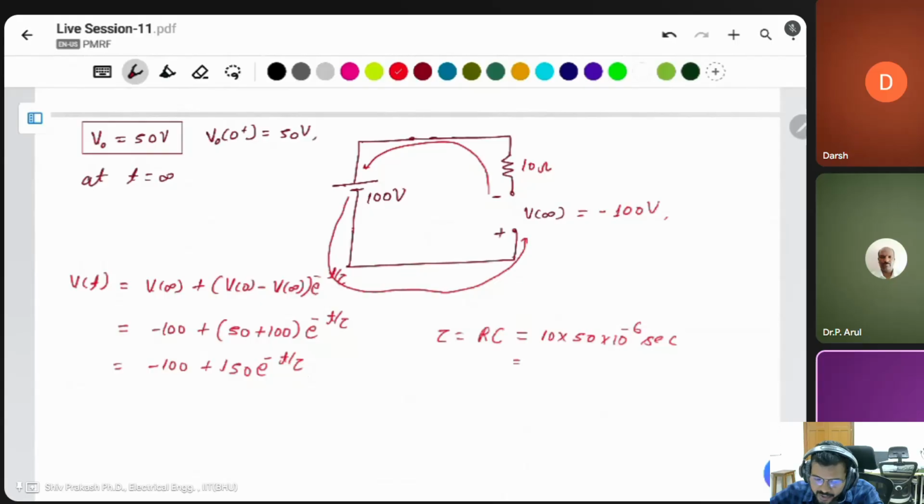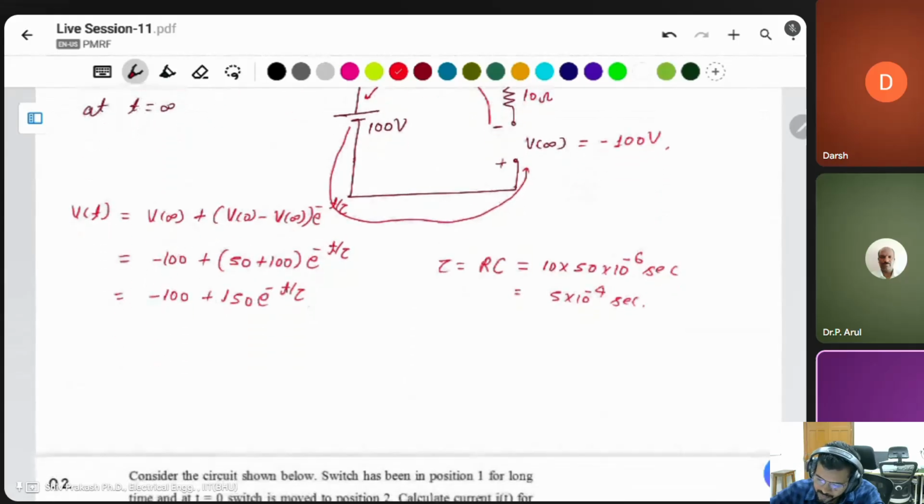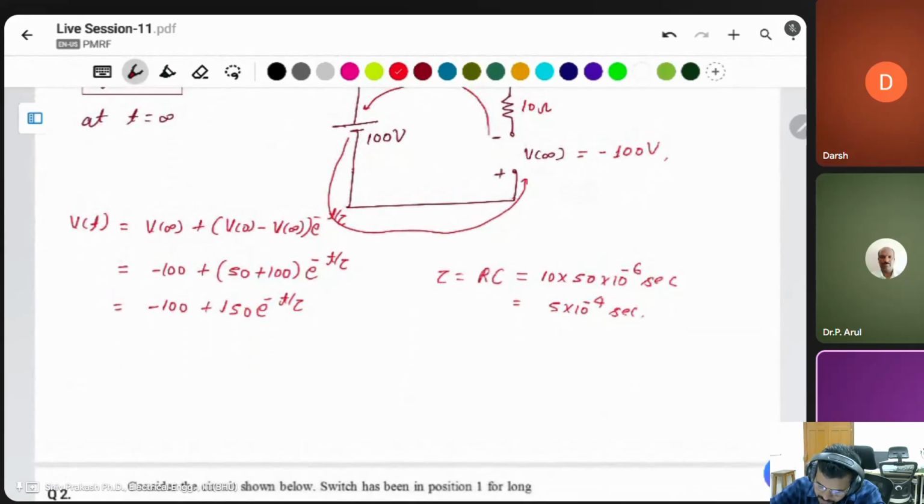This will be 500, it means 5 into 10 to the power of minus 4 second. We can put the value of this one, minus of 100 plus of 150 e to the power of minus t by tau, 5 into 10 to the power of minus 4.